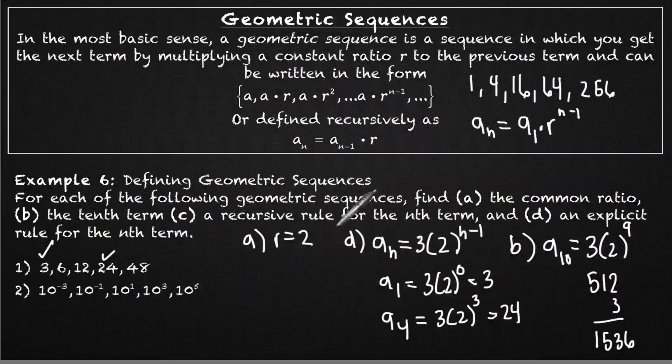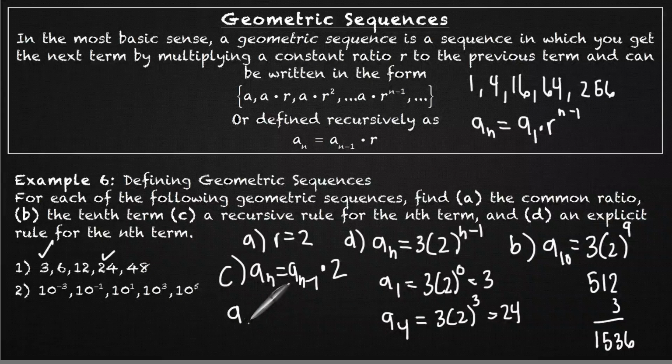Okay, now we're going to go to part C, the recursive rule. And I think this is pretty clear. The recursive rule simply says if you're looking for the nth term, take the term that came before it, a sub n minus 1, and multiply it times r. So a sub n is simply going to be a sub n minus 1 times r. And in our problem, r is 2. So once again, let's just test this out to make sure you're comfortable.